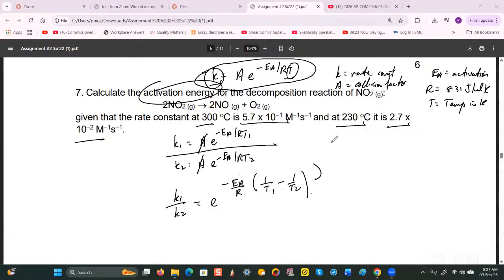So basically what we have to do here is some more algebra where we find the natural log of both sides.